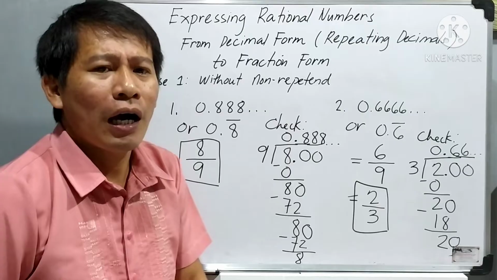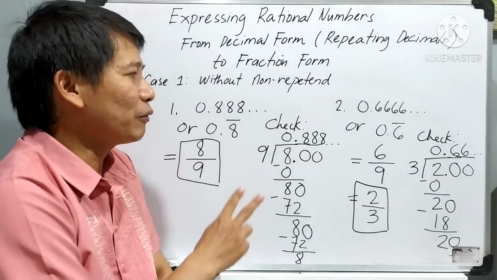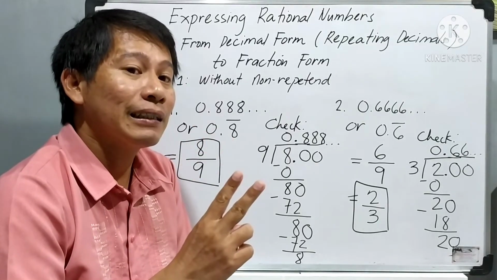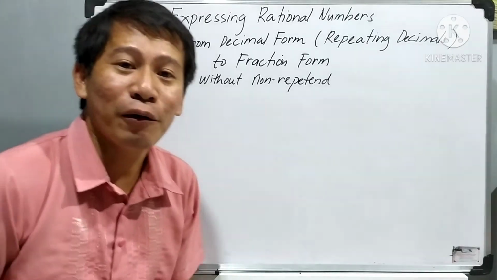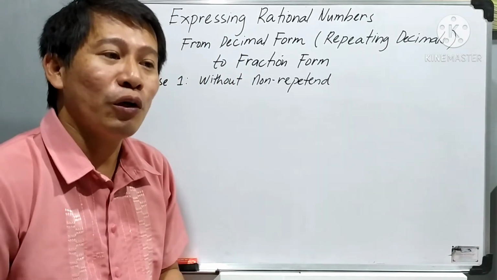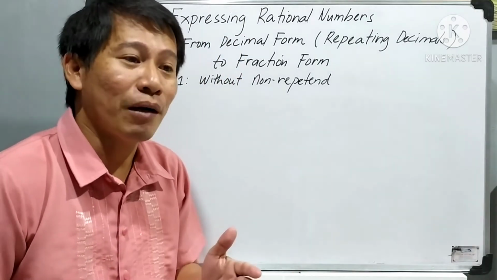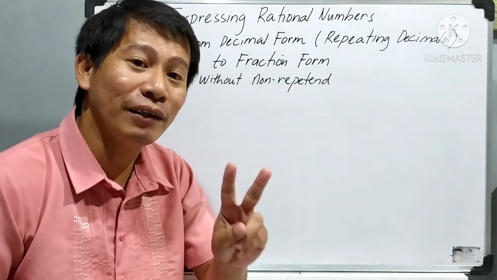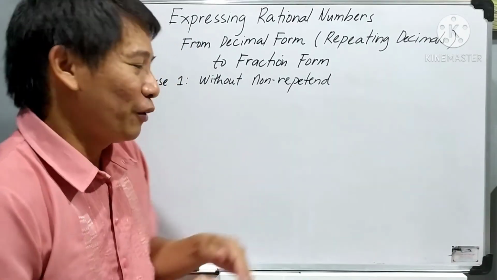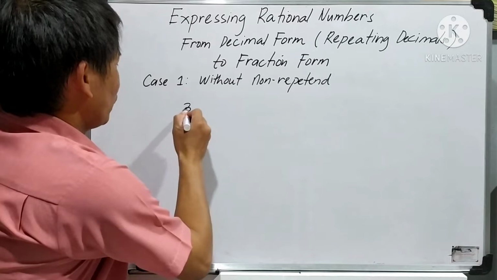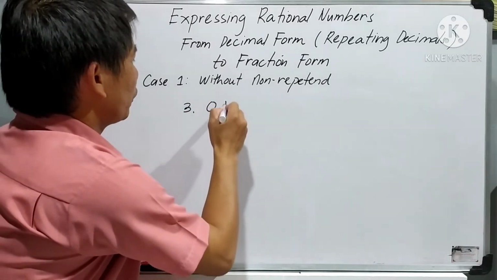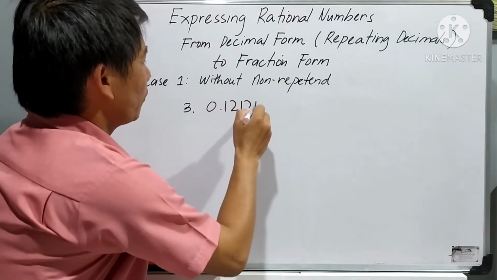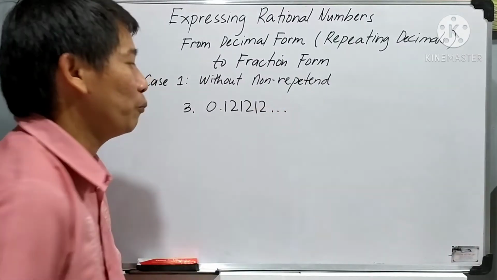So, how about kung meron tayong 2 digits na nagre-repeat? Now, let's have an example of a repeating decimal na mayroong 2 digits na nagre-repeat. Okay, let's take this. Suppose we have 0.12, 12, 12, and so on and so forth.